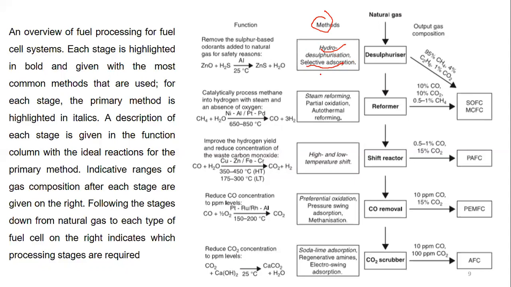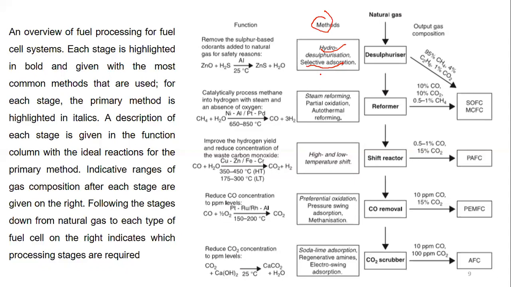What is meant by selective adsorption? Basically, if you have 5 or 6 compounds in a container and you add some adsorbent, some material which has the ability to remove these chemicals from that beaker, and it only picks one compound and leaves the other 5, we call it a selective adsorbent.